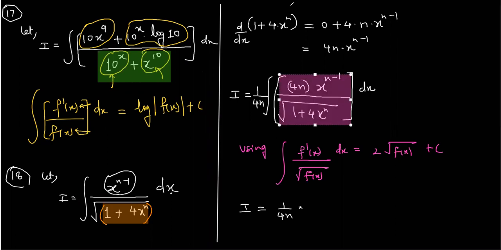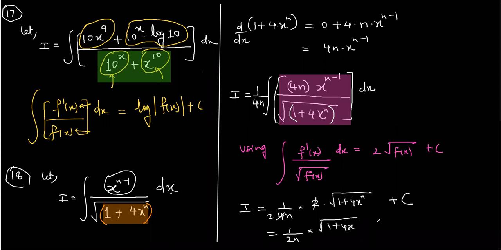You get 2 times root of f of x. This is f of x and this one was f dash x. So I get 2 times root of 1 plus 4x raised to n plus c. The 2 cancels, and I get 1 upon 2n into square root of 1 plus 4x raised to n plus c.